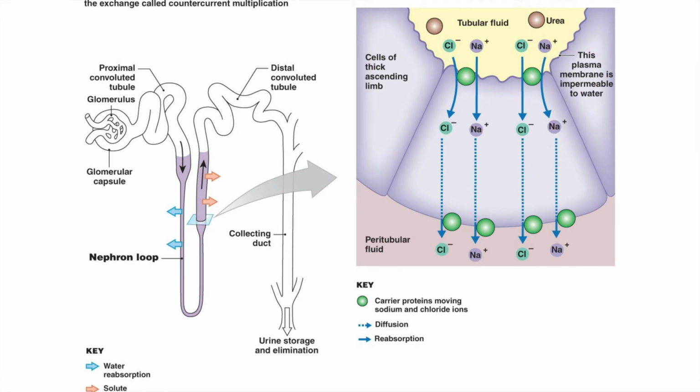The nephron loop is called the countercurrent multiplier because fluid is moving in opposite directions in adjacent tubes. The descending limb right here is permeable to water, but impermeable to solutes. So as water leaves, the filtrate becomes more concentrated.